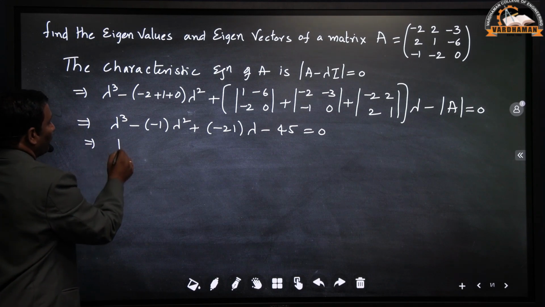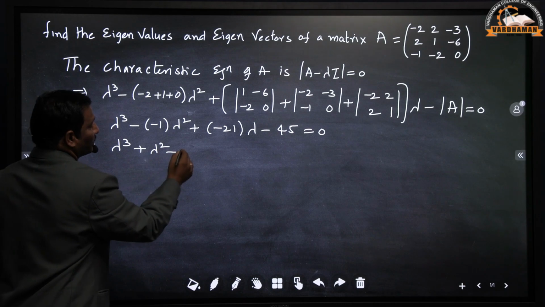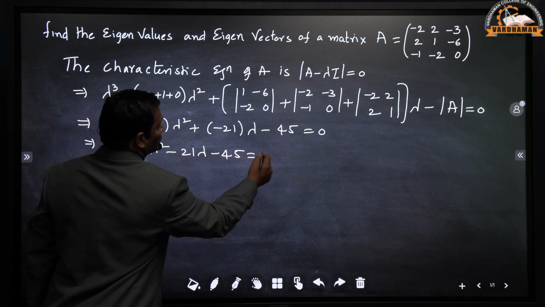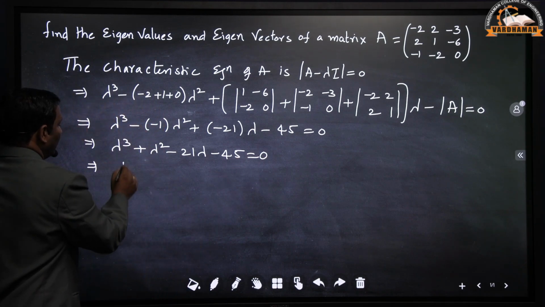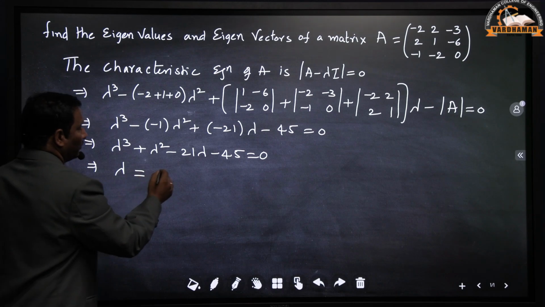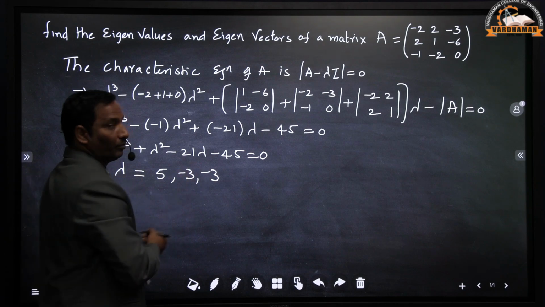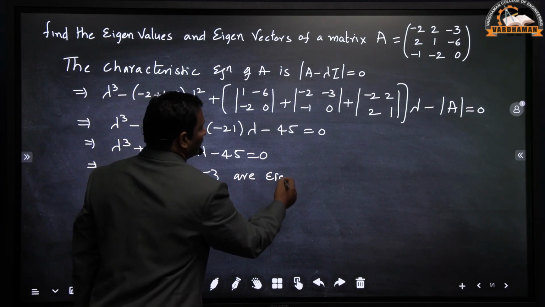So we will get the characteristic equation as lambda cube plus lambda square minus 21 lambda minus 5 equals to 0. From this find out the lambda values. The lambda values are 5, minus 3, minus 3. These are called the eigenvalues of the given matrix A.